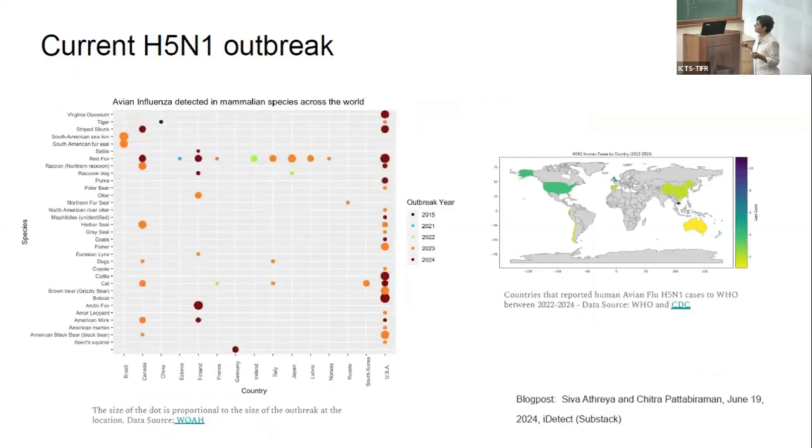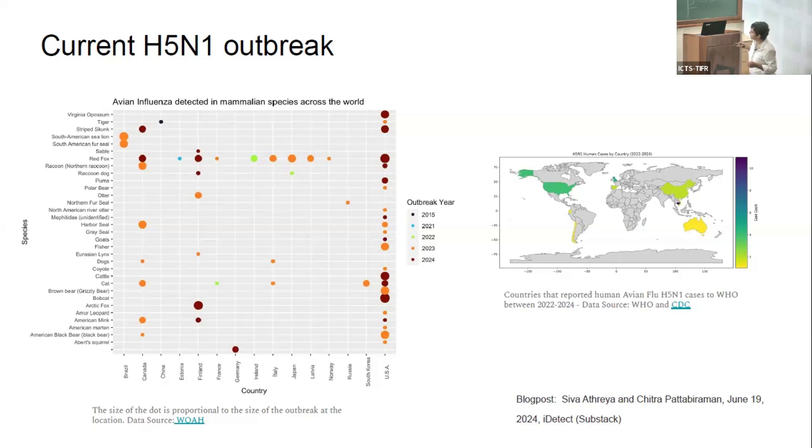And we did a little bit of a deep dive into the data to look at how it's looking. These are the different kinds of animals that this virus has been seen in the current outbreak, that is from 2015 onwards. If you look at different animals versus different places, and the size of the circles is the number of animals infected, now you're seeing a sort of outbreak.